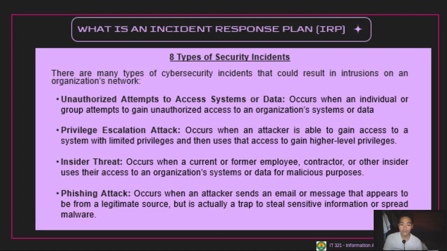Third, insider threat. Occurs when a current or former employee, contractor, or other insider uses their access to an organization's systems or data for malicious purposes. Fourth, phishing attack. Occurs when an attacker sends an email or message that appears to be from a legitimate source but is actually a trap to steal sensitive information or spread malware.